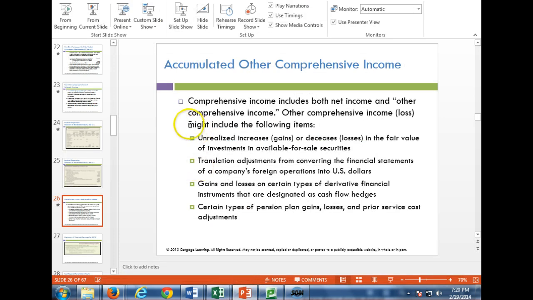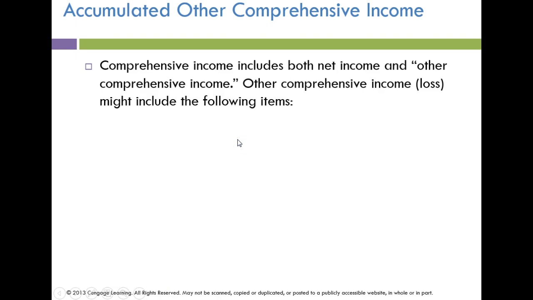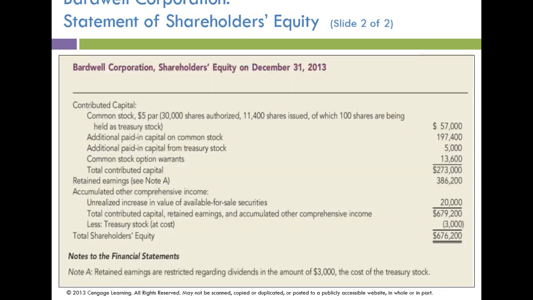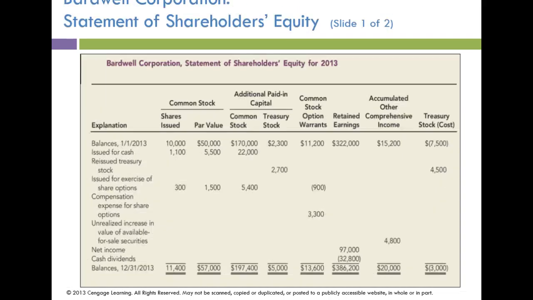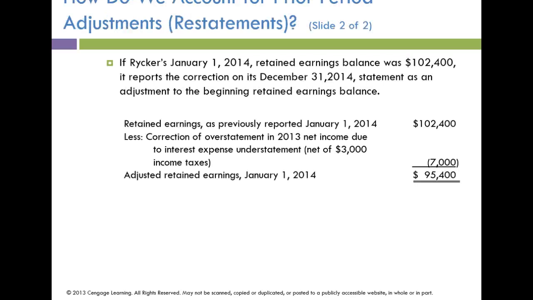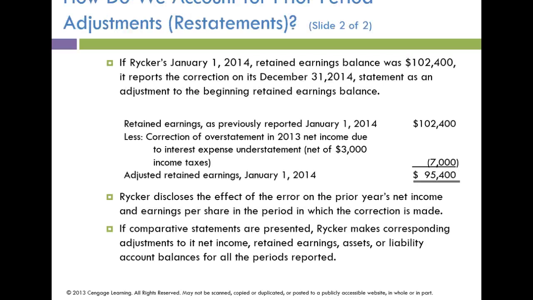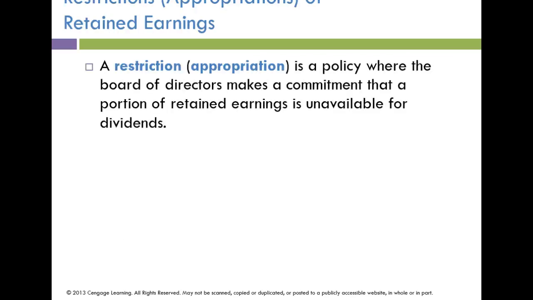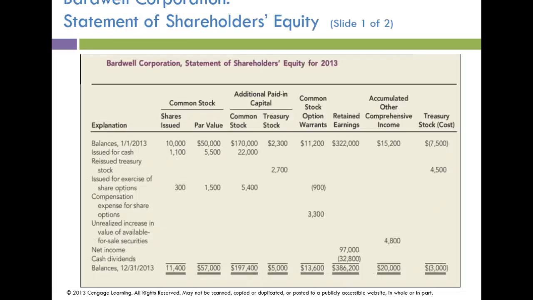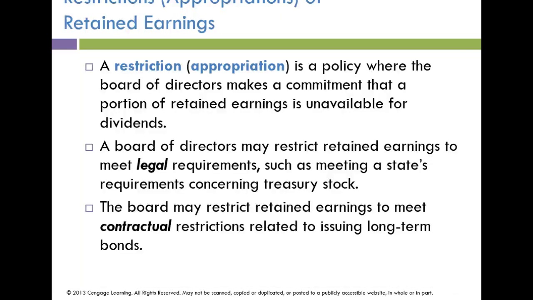So as we move back to the PowerPoint, we started talking about shareholders' equity. How do we account for prior period? One thing I do want to pay a little bit of attention to is if there are restrictions on retained earnings, those monies can't be used to pay dividends.